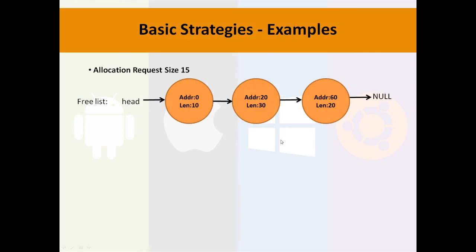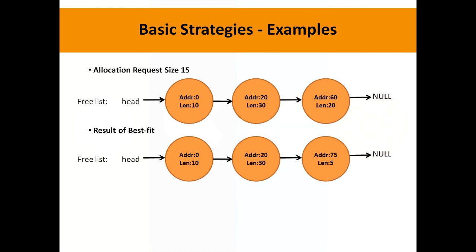Cool. So some examples. Say we had a free list that looks something like this, and we were given a request which required us to allocate size 15 memory, or 15 bytes. In terms of best fit, this is the result you would get.